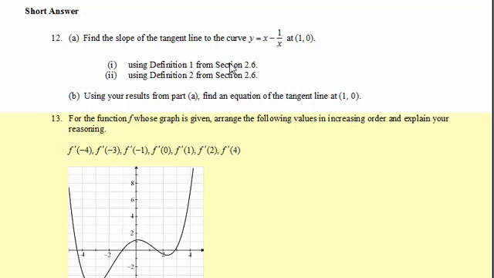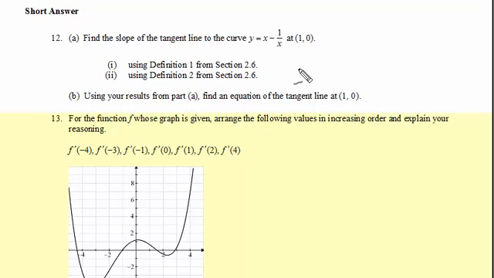So using definition 1 from section 2.6 or definition 2 from 2.6, the definitions of the derivative, we had them on the board. One of them is the limit as x approaches a of f of x minus f of a over x minus a.